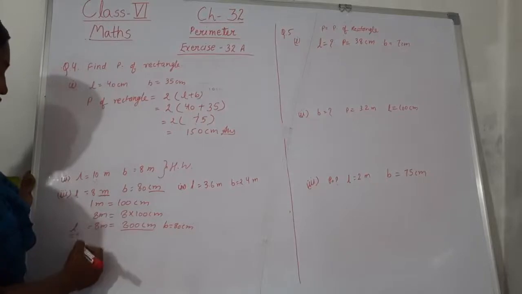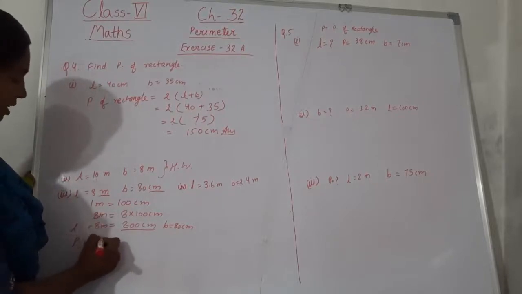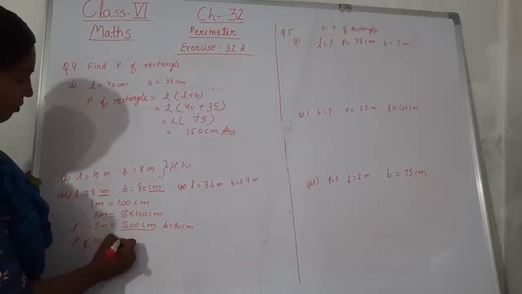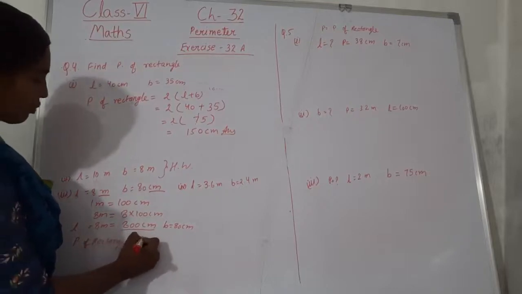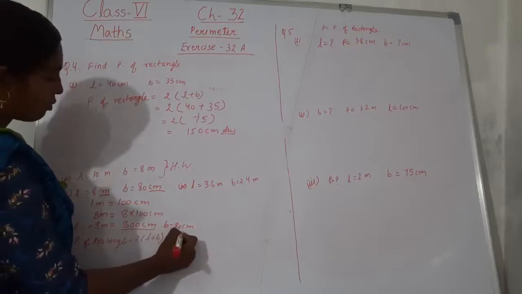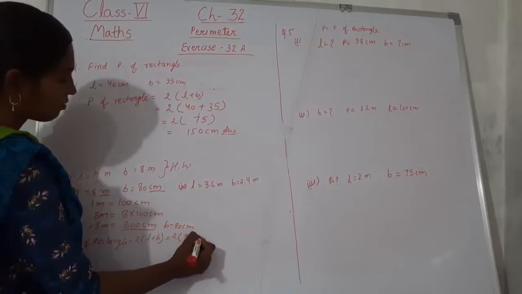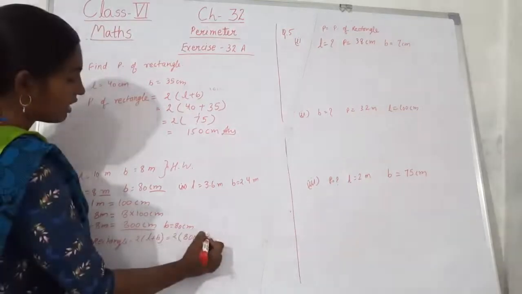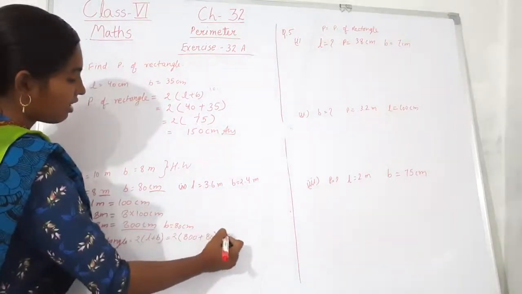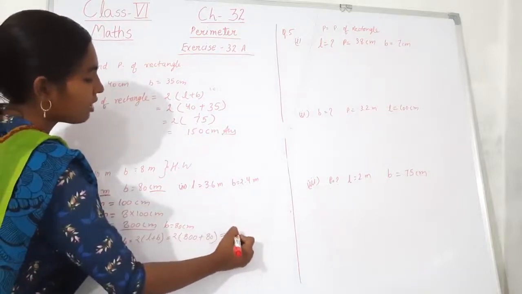Okay, now apply the perimeter of rectangle formula. It is 2 into length plus breadth. 2, how much is the length? Length is 800 plus breadth is 80. Do the addition. 800 plus 80 will be 880.